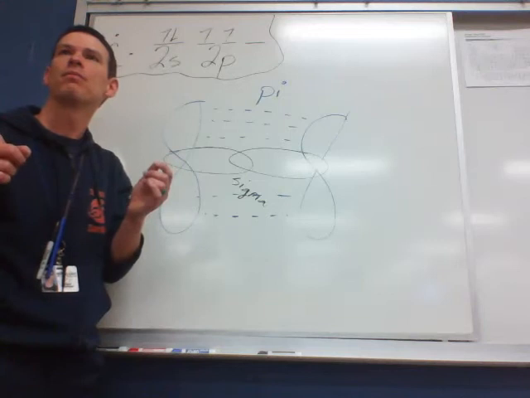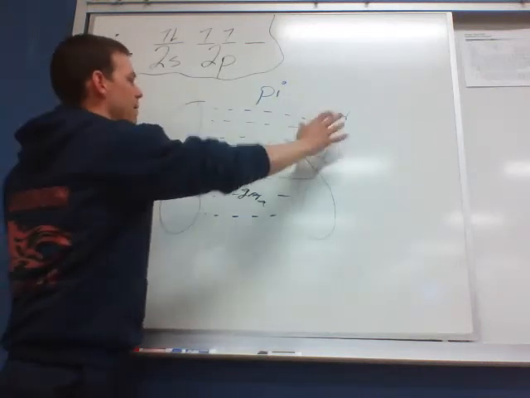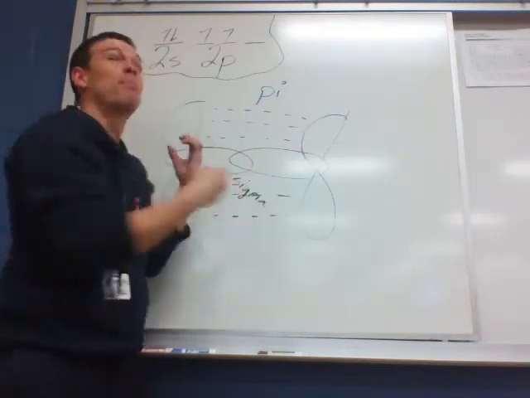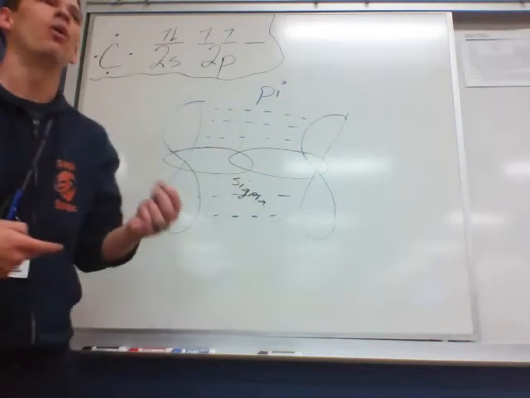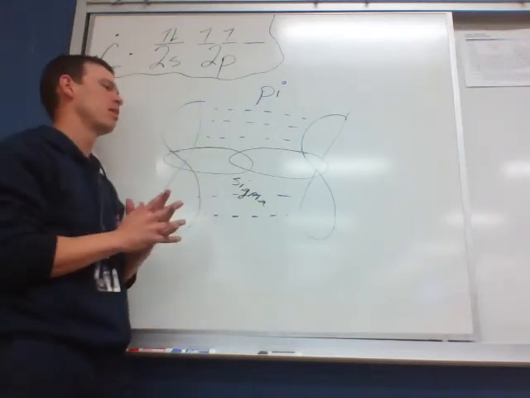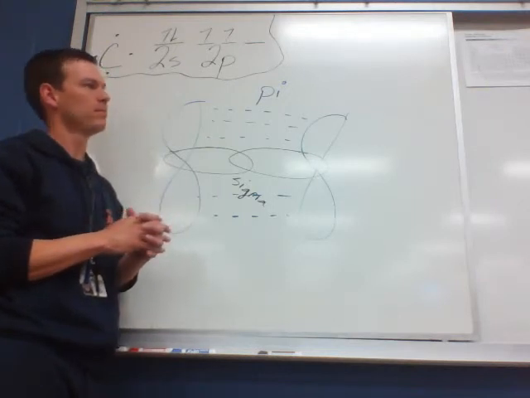Pi bonds cannot. If you look at the way the pi bonds are, if you were to try to rotate the pi's, it would break the sigmas. So it's important to know that the simpler bond can rotate, the sigma can rotate, the pi cannot.